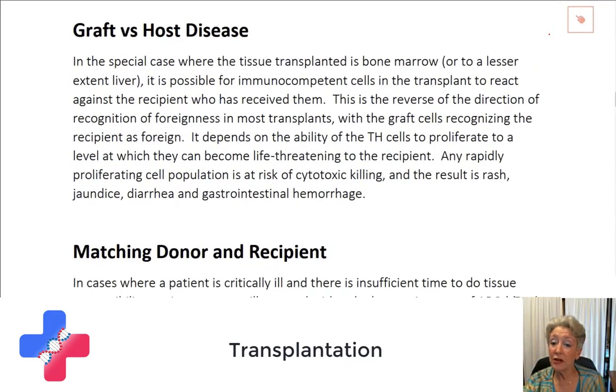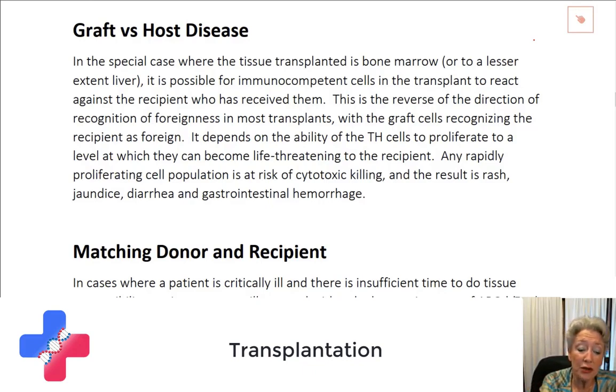The special case of graft versus host disease is basically the reverse of what we were speaking about a moment ago. In most grafts, what we're doing is we're taking an organ, giving it to a recipient, and then the recipient is the individual who looks at the graft and says, I don't like you, you don't look like me.